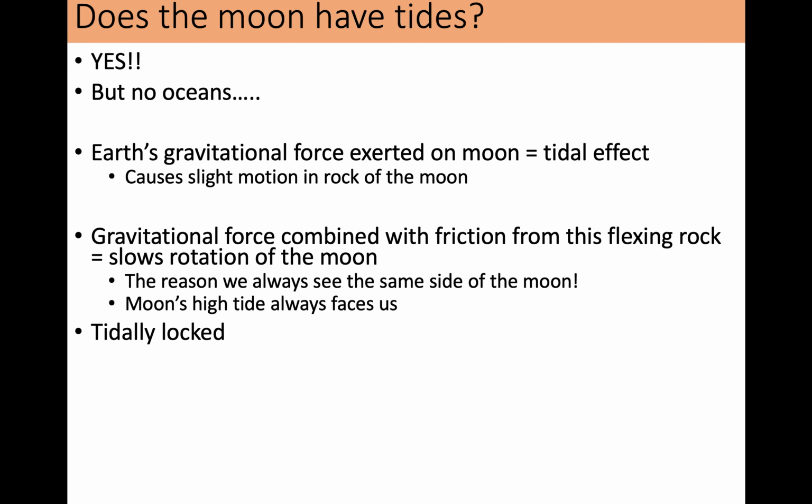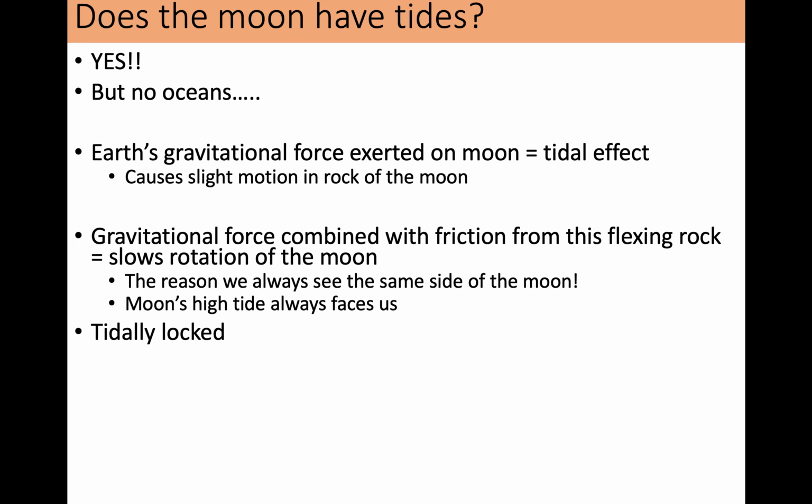So the Earth's gravitational force that's exerted on the moon does cause a tidal effect, causes very, very slight motion in the rock on the moon. But the gravitational force of the Earth on the moon, combined with the friction caused by this flexing of the rock, is actually slowing the rotation of the moon.